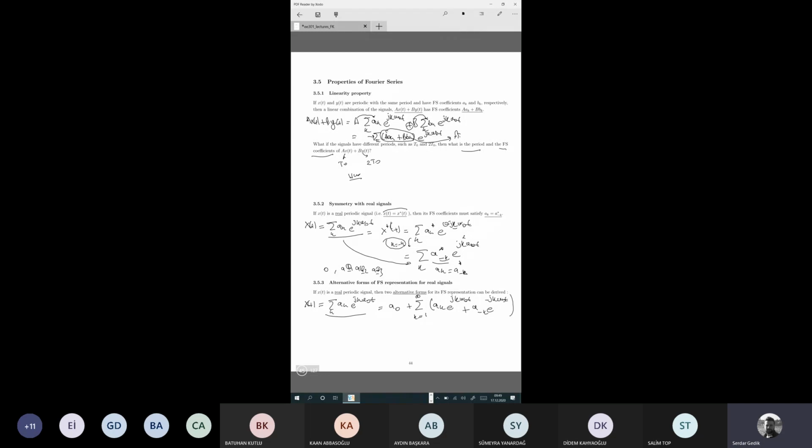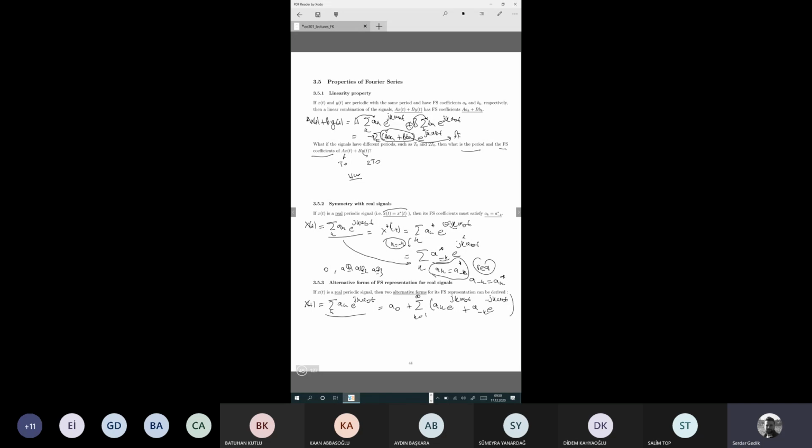Here there is a simple trick. I know that for real signals I have this relation: ak is equal to a minus k conjugate, or in other words, a minus k is equal to ak conjugate.